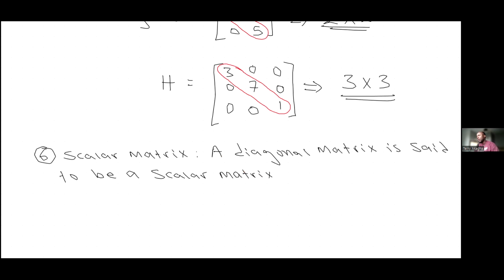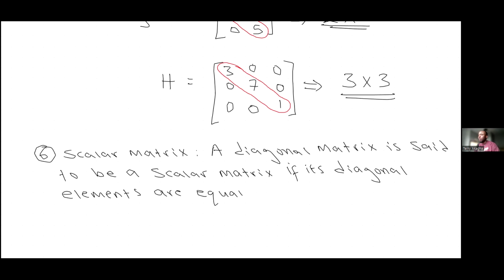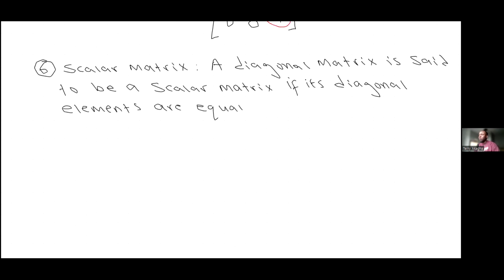If its diagonal elements are equal. Okay, so what I'm saying is, if you look at this now, we have 3, 0, 0, 3.